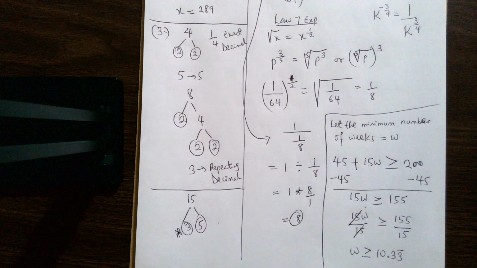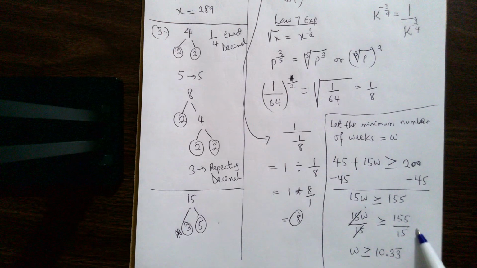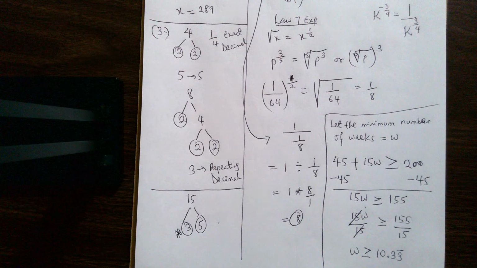This is why it's a repeating decimal. When you simplify it, it's good to simplify this.